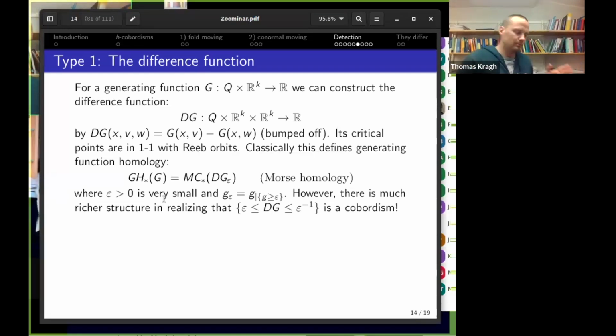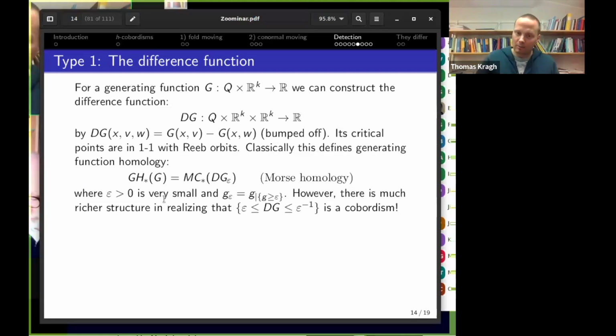This has recently been exploited a bit by Tanaka and Traynor. They've defined a spectrum out of this generating functions thing because these things are spaces, and under stabilization they behave by suspensions. So you can get spectra out of this, and then you can get some results out of the fact that they're actually spectra instead of just a Morse homology theory. So they exploited that in a recent paper.